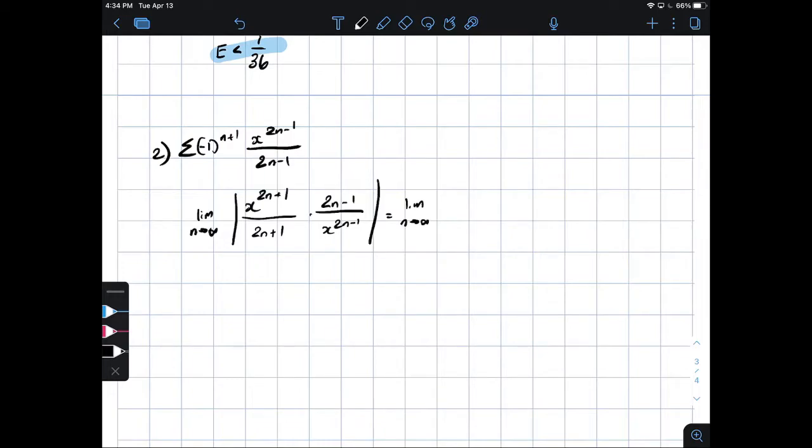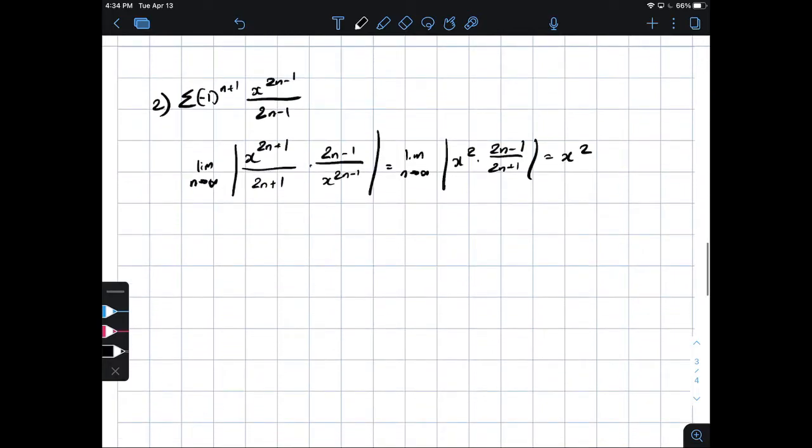So we're going to continue with this limit. We're going to cross things out. And what we'll see is that we should have x squared times 2n minus 1 over 2n plus 1, which would be equal to x squared. Yeah, that's correct. So we know that the series converges when the limit is less than 1.